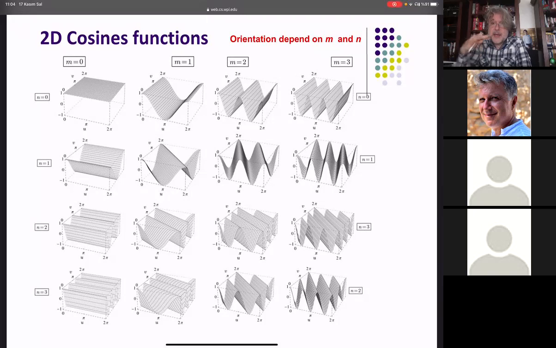Those harmonics may be in any orientation and any frequency as well. It's interesting to note that when you combine all these regular waves, of course there are many more than this one. This is only a small set of things. Only 16 of them are available in this plot.